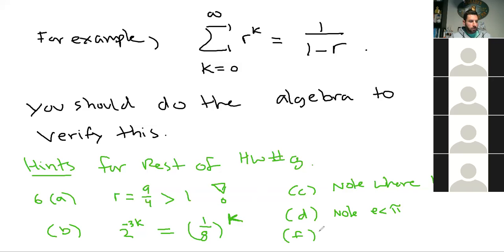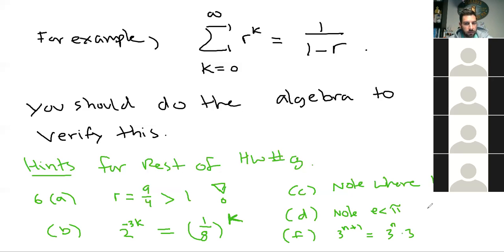But for F, you need to realize that 3 to the n plus 1 is just 3 to the n times 3. So you need to think about how you can simplify that fraction to make it look like a geometric series. You'll notice that F is not obviously a geometric series. You need to make sure that it is. You have to do some algebra.